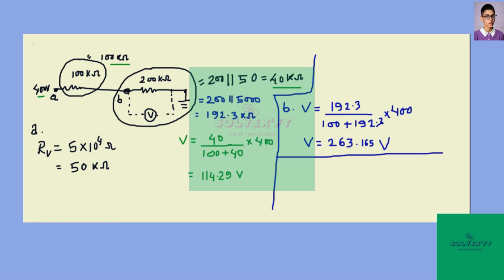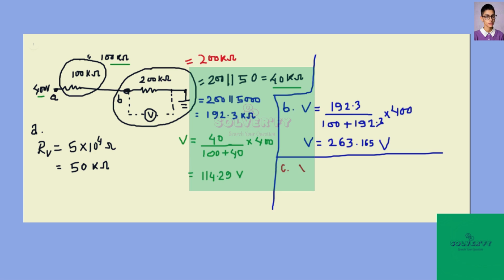Now for part C, let me use red. Okay. So for part C, what if the voltmeter has infinite resistance? If the resistance of the voltmeter is infinite, no current flows through it, right? So the equivalent resistance of the combination of voltmeter and 200 would be just 200, right?